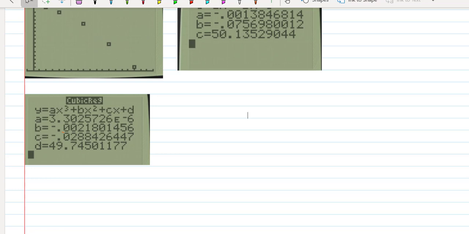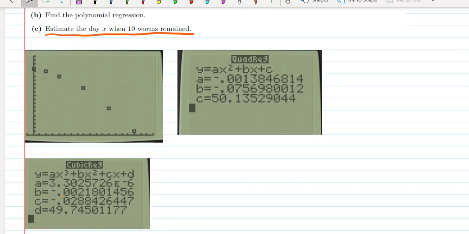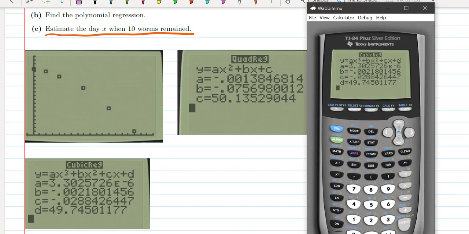Okay, so then having each of those in our calculator, we could then use them to determine the answer to C, which is when will there be 10 worms? So we go to our y equals, we go down to 10 for y3, and we'll notice we have our quadratic regression in y1 and our cubic regression in y2, and then y3 is 10.